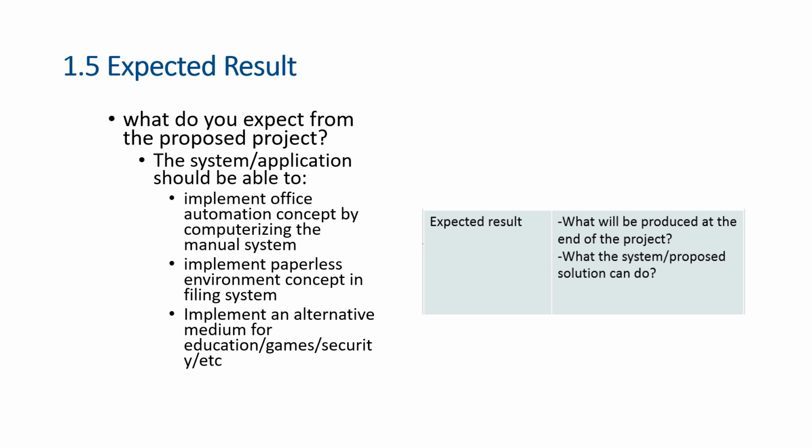For example, at the end of the project, an application for flood detection is developed. It means what will be produced at the end of the project and what the system or apps or proposed solution can do, what functions they can provide to its users. So this is how you can write your expected result.